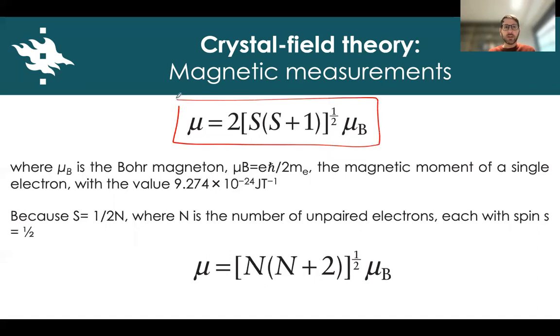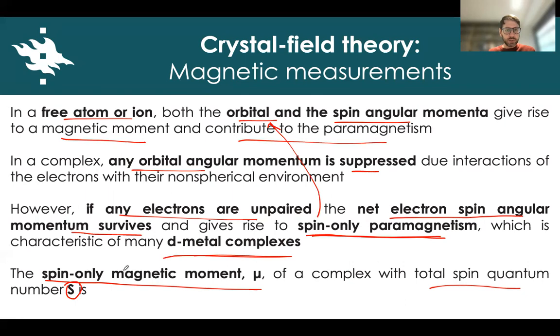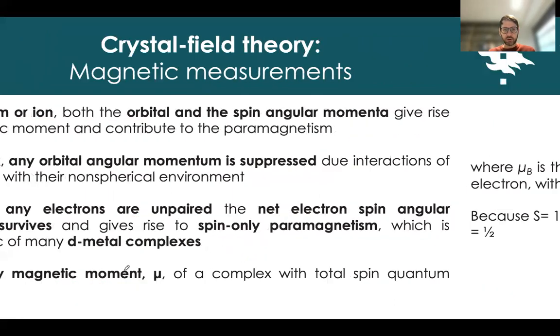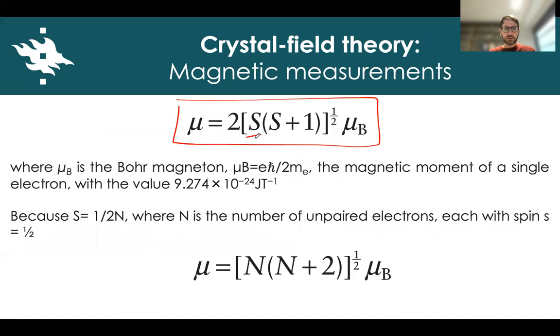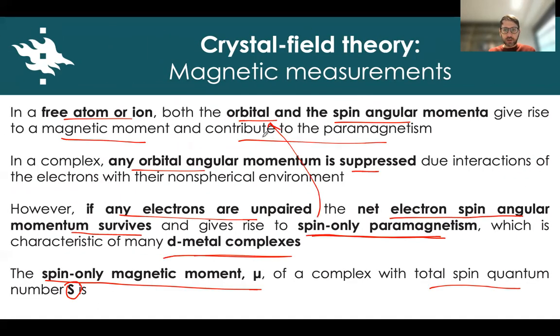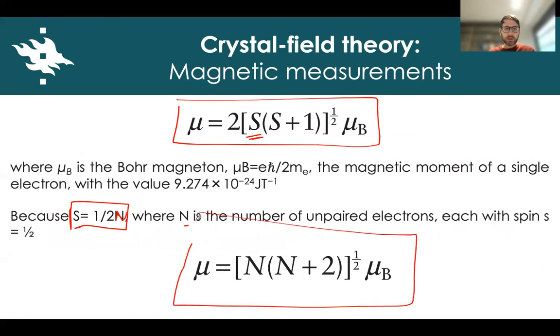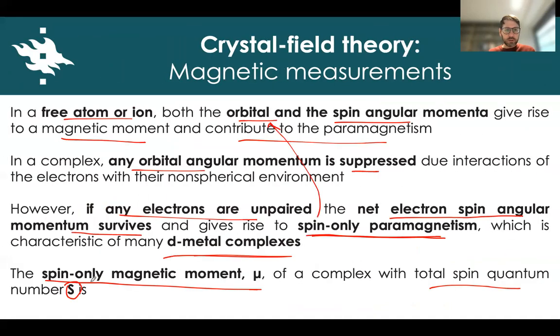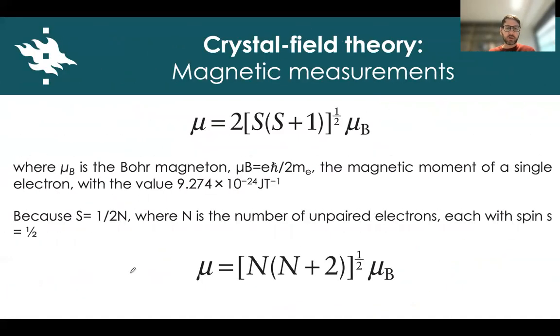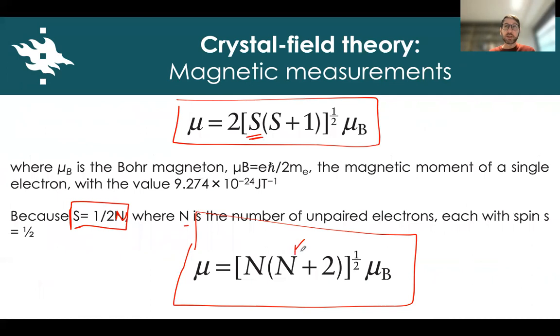This is the spin-only magnetic moment of a complex relative to the spin quantum number S, which is the total spin quantum number, and this is equal to half of the number of unpaired electrons. Therefore, we have this expression which correlates the spin-only magnetic moment of a complex with the number of unpaired electrons.